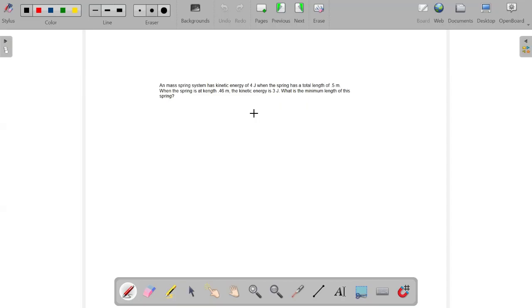That means that's when its kinetic energy is the highest. Remember, in a mass spring system, something has highest kinetic energy at equilibrium and zero potential energy at those points. And then at the very edges of its motion is where it has the most potential energy and zero kinetic energy. So we can say that the E total is just equal to 4J.